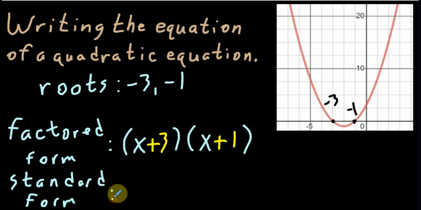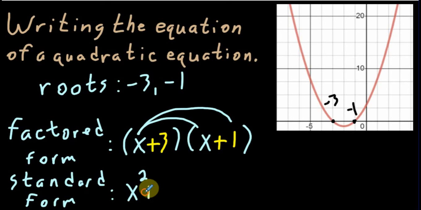And we're going to use one of the last things we learned in class. Basically, we're going to distribute twice. All right, so x times x, x times 1, 3 times x, and 3 times 1.